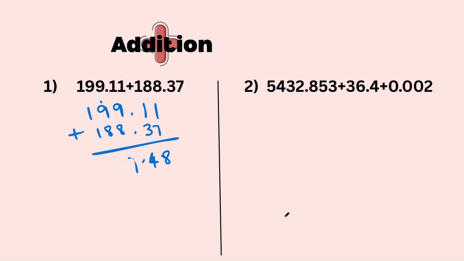That's 1 carry. 18, that's 1 carry, and 3. This is nothing but the same simple rule. Then how will we align this?